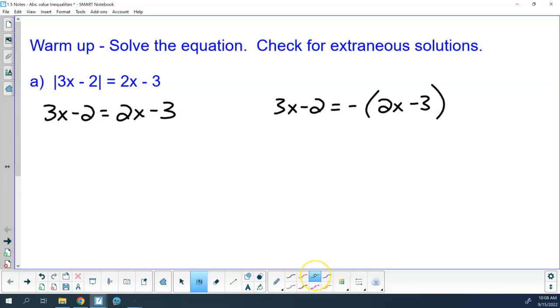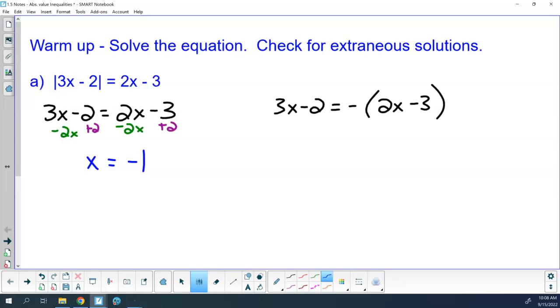Subtract 2x. Same time, we can be adding 2. That gives me x is negative 1.